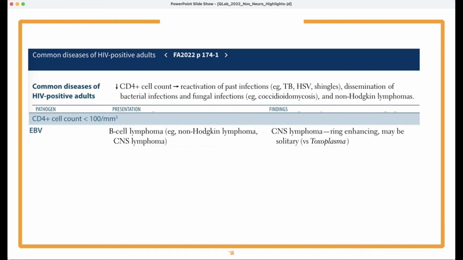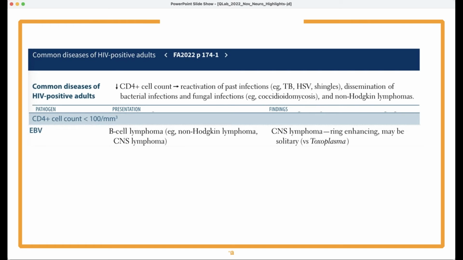And you see there in CD4 count less than 100, one of them is patients are at risk for EBV-driven B-cell lymphoma, or primary, such as a CNS lymphoma. And this is ring enhancing, it may be solitary. And you can see there specifically how they mentioned versus toxoplasma.